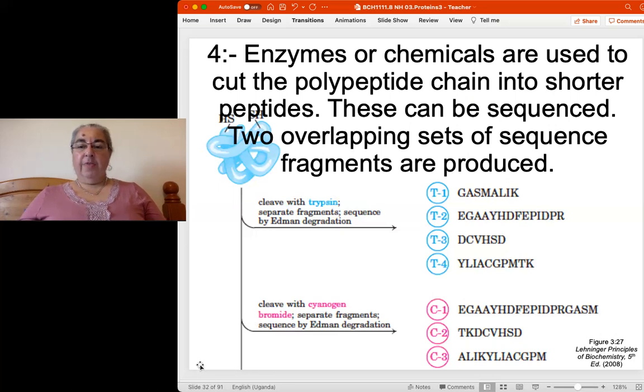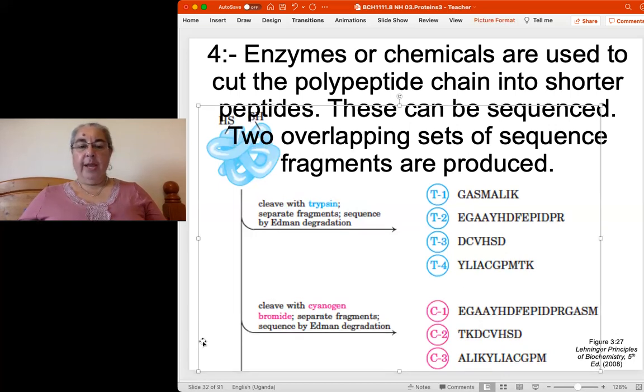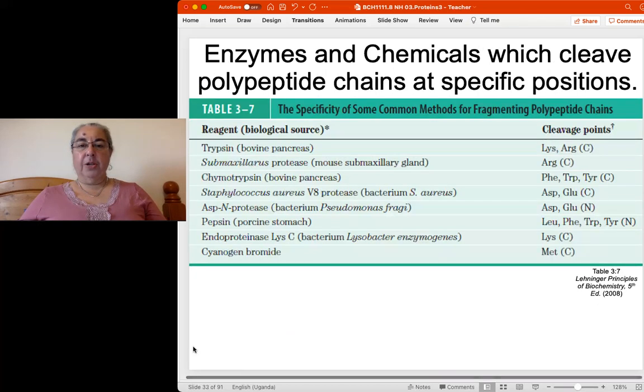Okay, so now we've got these 2 sets of information, sequences of oligopeptides after treatment by 2 different methods. So what we have now is, if you like, a puzzle.